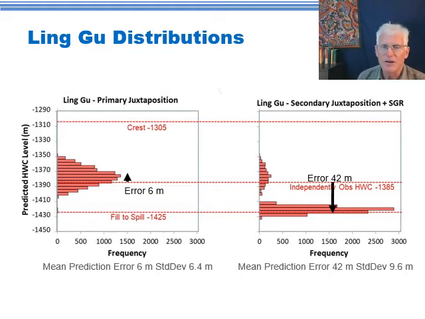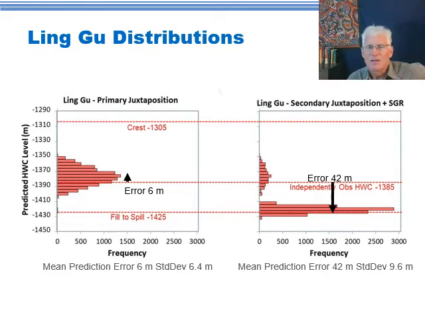Looking at the errors in these predictions, the primary juxtaposition gives us a 6-meter error. The prediction is a little bit conservative, or a little bit shallow, compared to the independently observed hydrocarbon water contact.